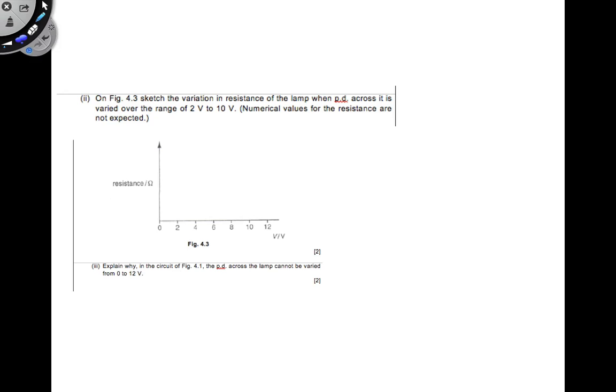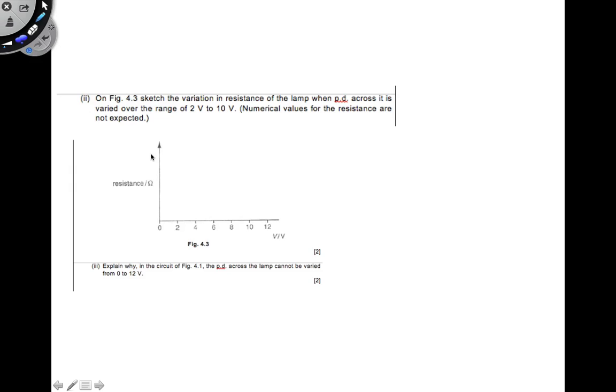For this you need to refer to the graph, and you notice that the graph has a slight curve. You can just quickly estimate the values and your answer looks like this. Remember it starts from 2, then goes all the way up like this to about 10. It doesn't reach 12.